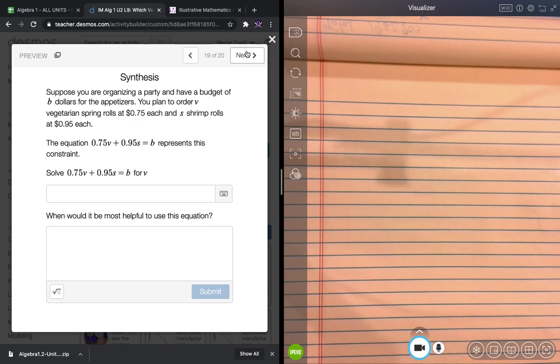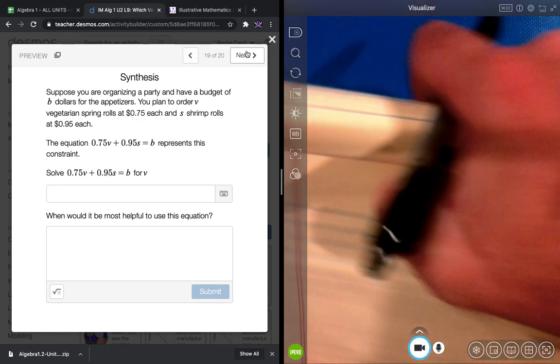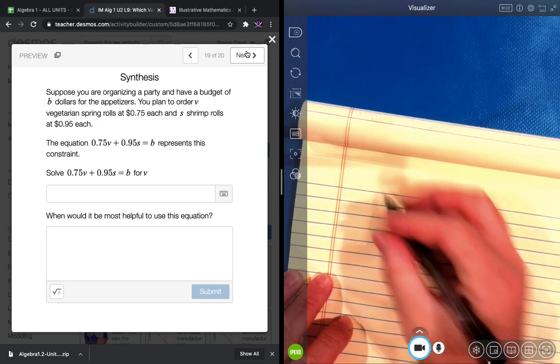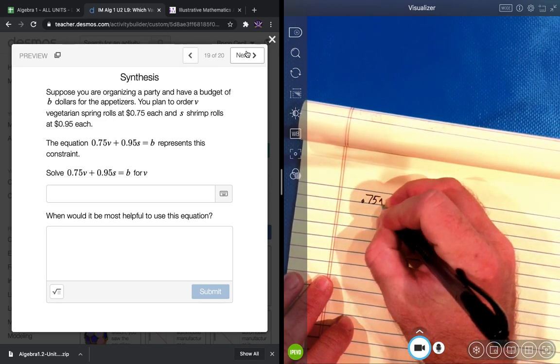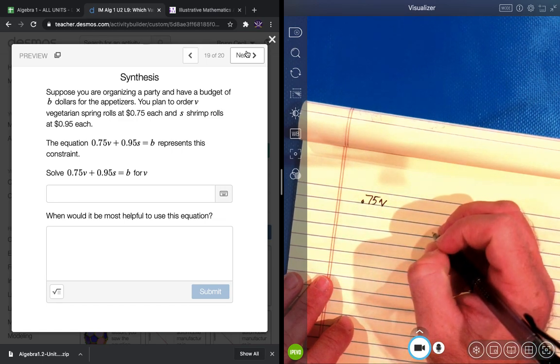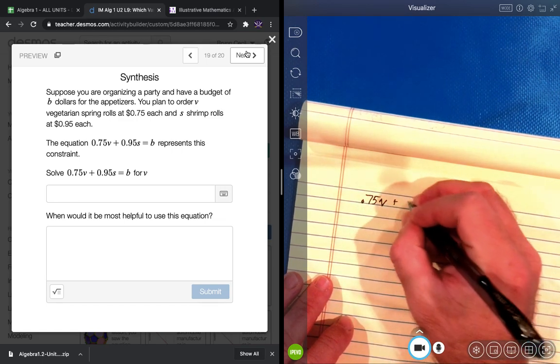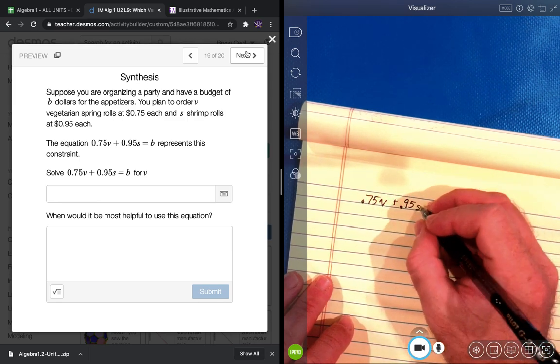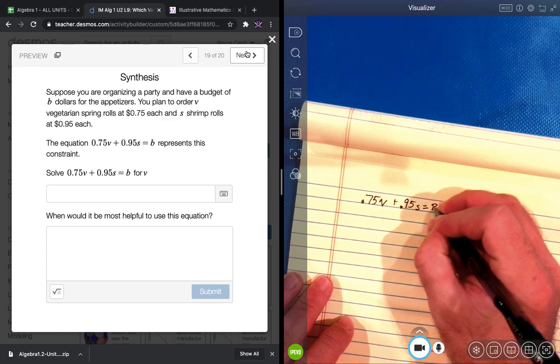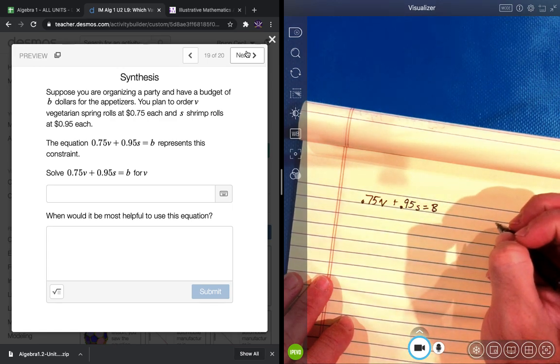So guys, remember the way that we put this is, it is 75 cents for a veggie roll, for a vegetarian spring roll, and it's 95 cents for a shrimp one. And what we know is when we add those together, that's going to give us our total budget.